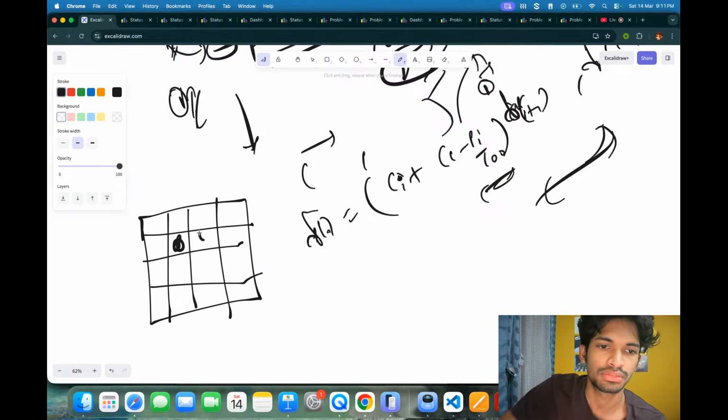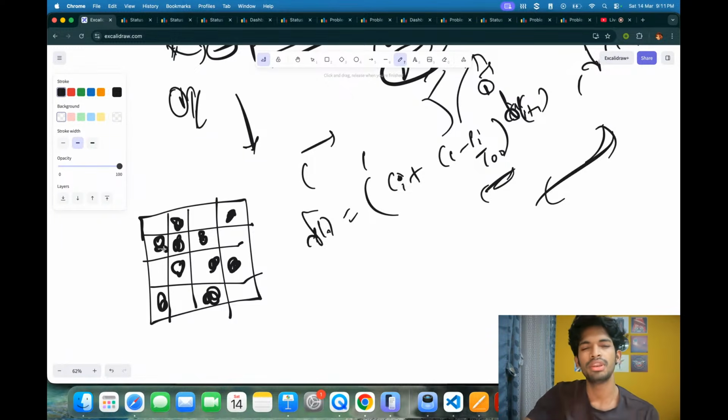Is something like this best? How many does this have? One, two, three, four, five, six, seven, eight, nine. And what is this one? 9 plus 1, 10.